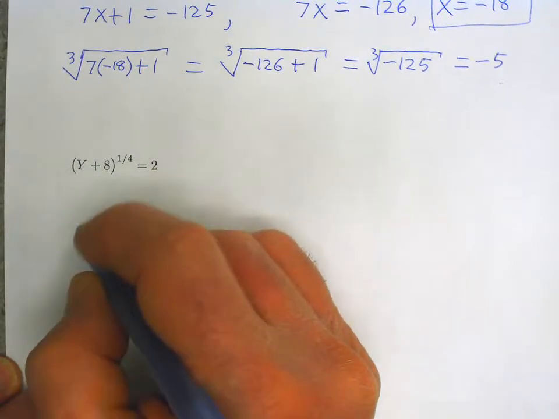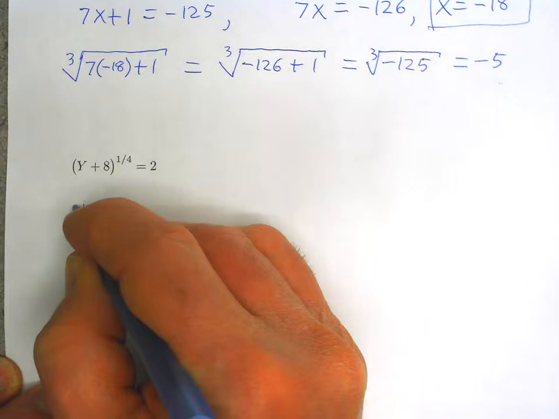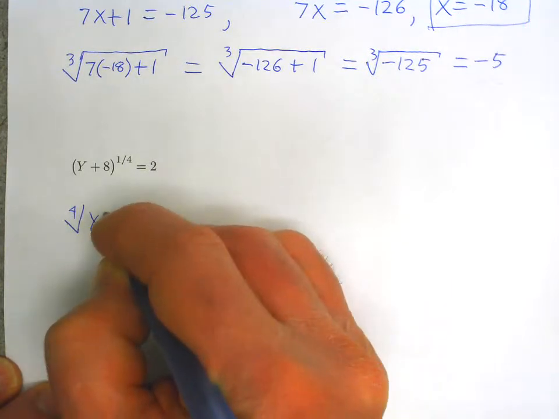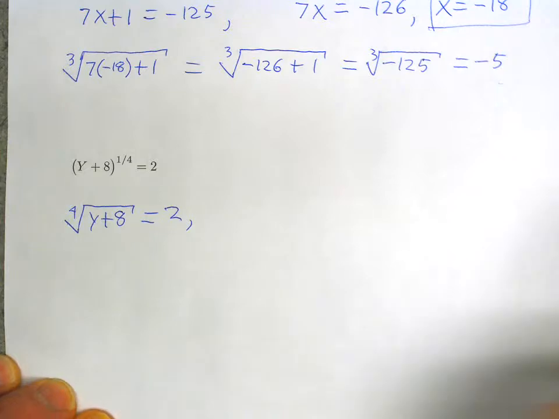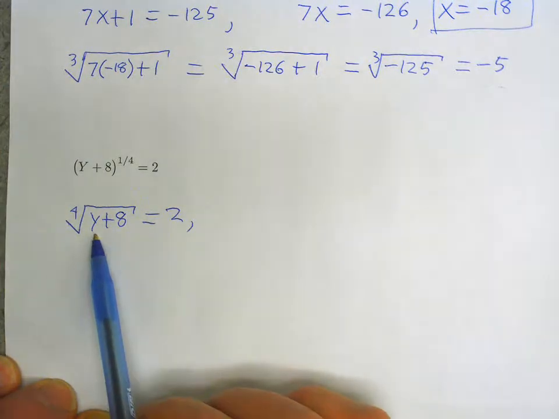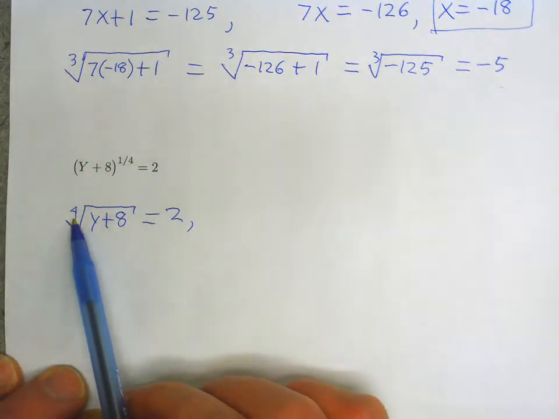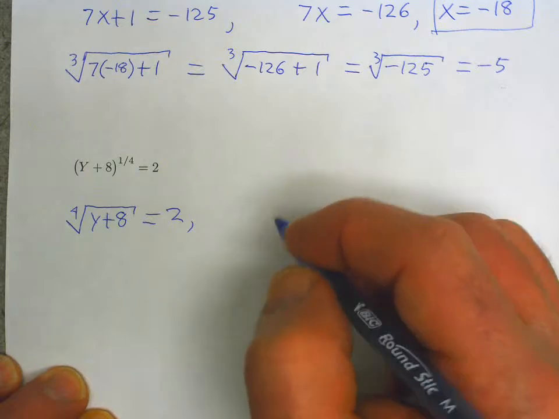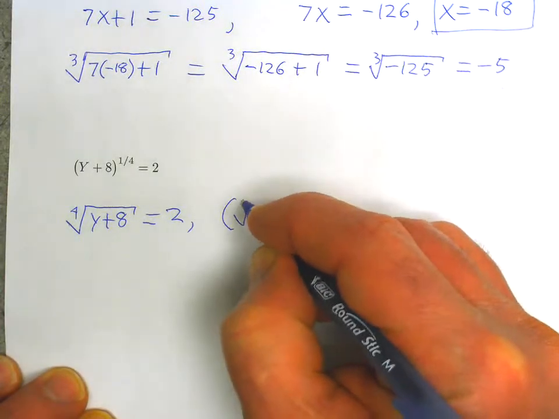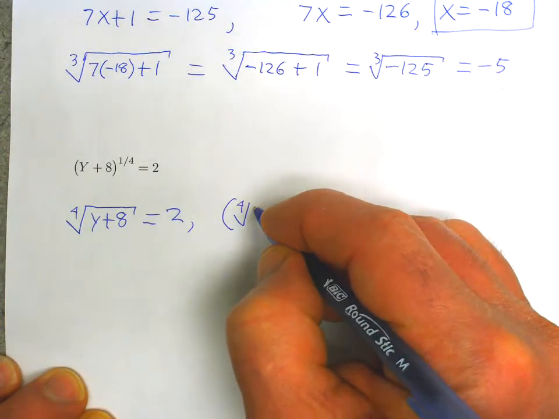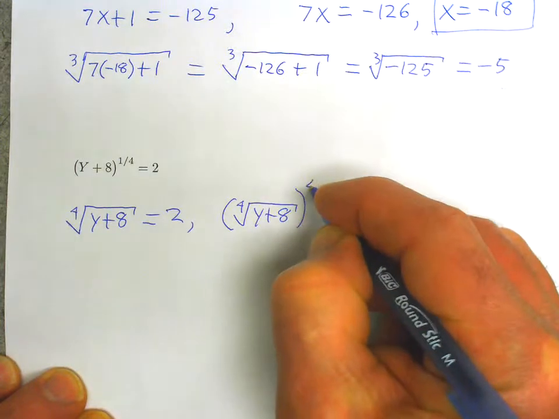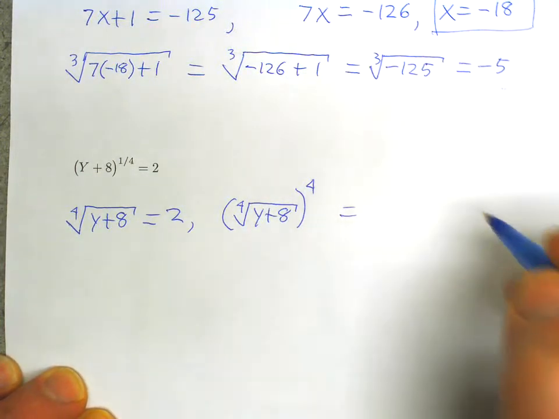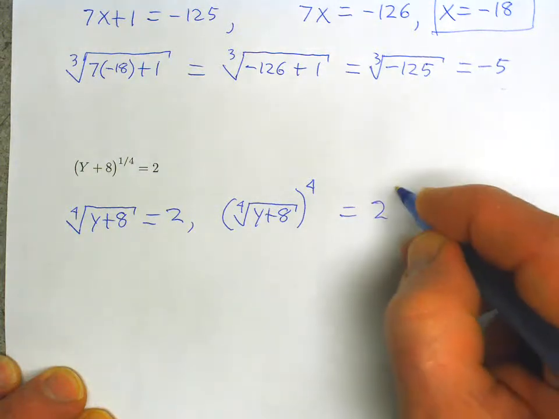So if you want to convert it to radical form, it would be the fourth root of y + 8 equals 2. And since we want to solve for y, and y is inside a fourth root, well, we raise both sides to the fourth power. So the fourth root of y + 8 to the fourth power on the left-hand side, and on the right-hand side, 2 to the fourth power.